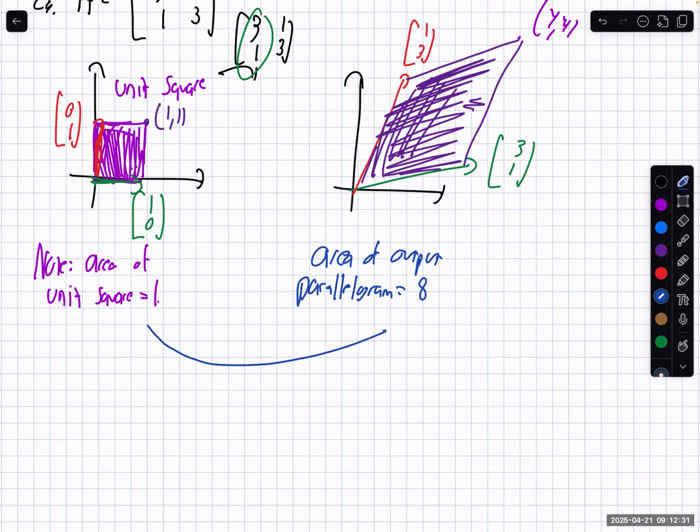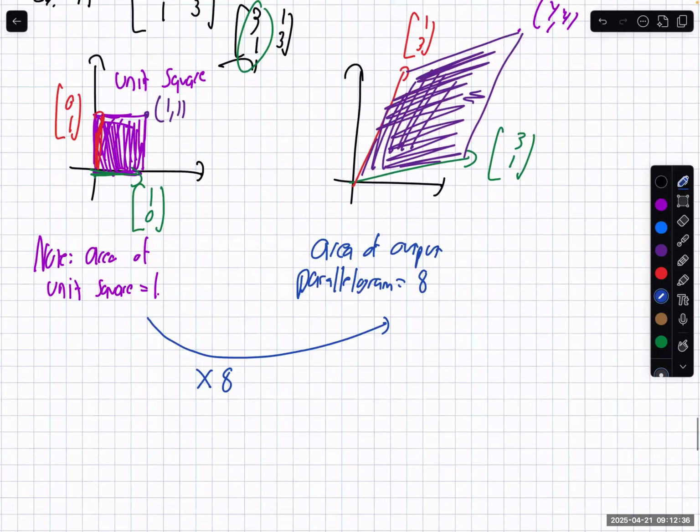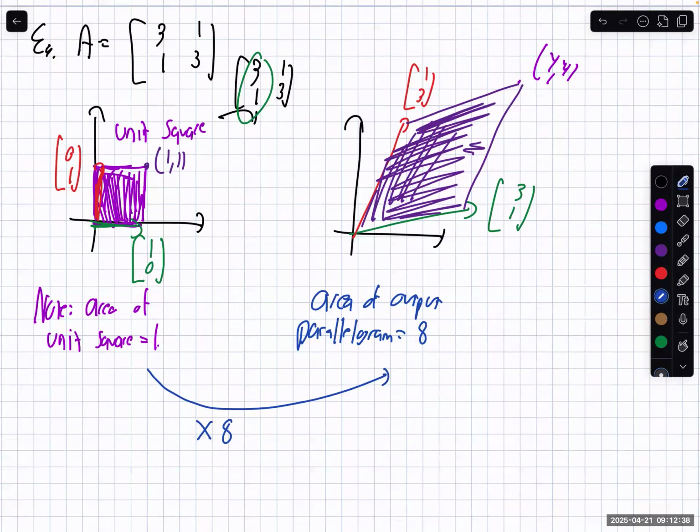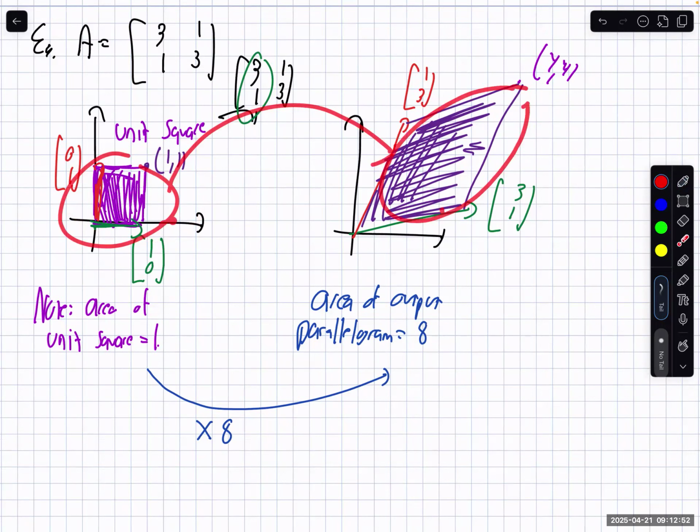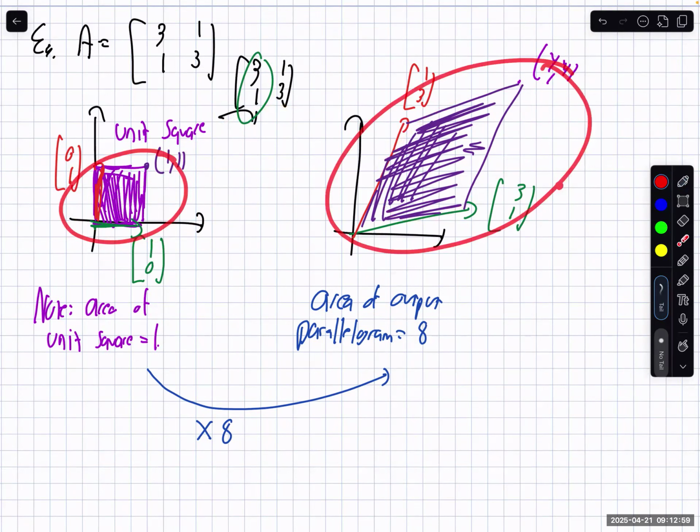So what I want you to notice is this transformation transforms its input shape. I take an input shape and then it gets distorted, it gets converted into an output shape, and the area changes. This little unit square got mapped to a larger parallelogram, and the area got 8 times bigger.